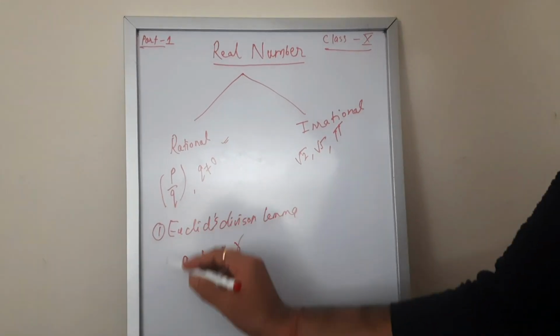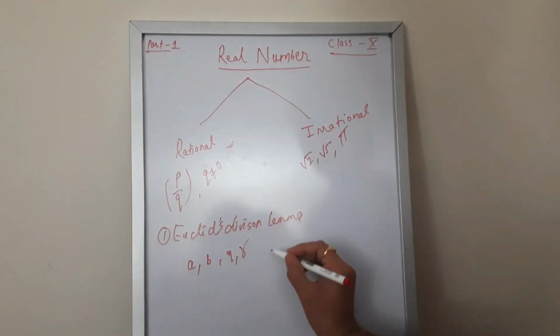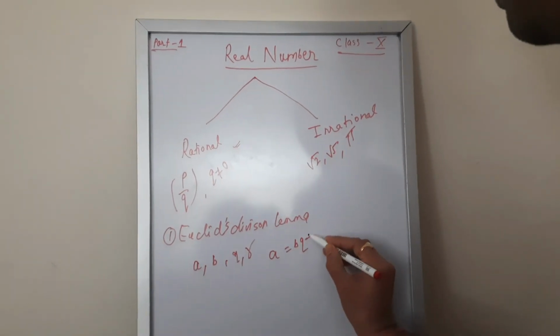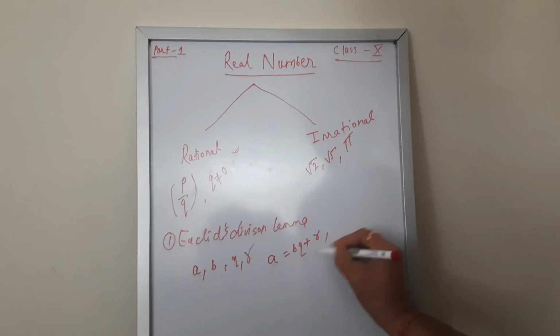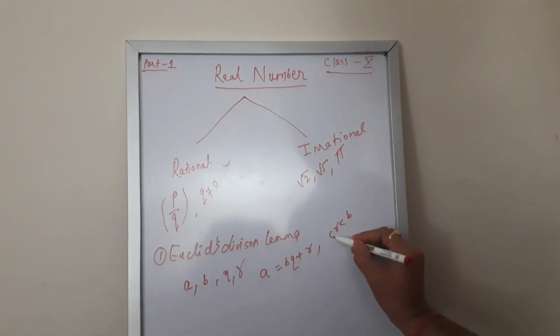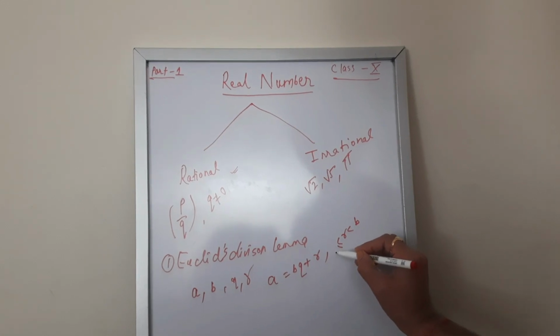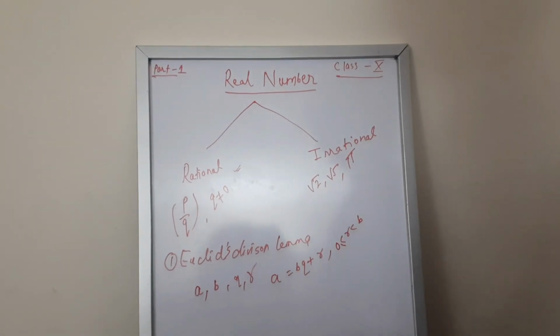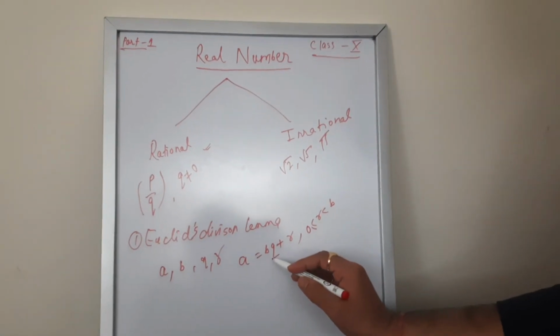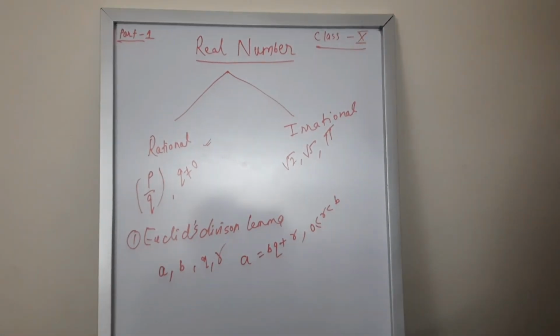These numbers are defined in such a way that a is equal to bq plus r, where r is less than b and greater than or equal to 0. So this r is between 0 and b.